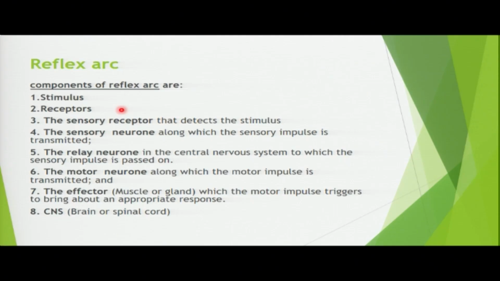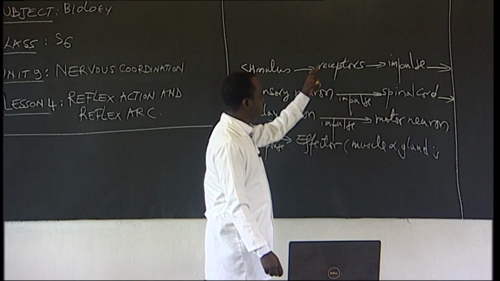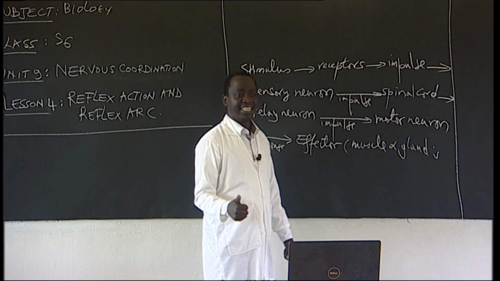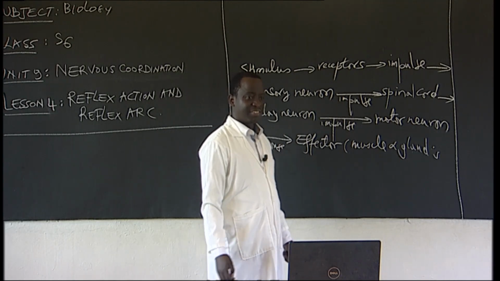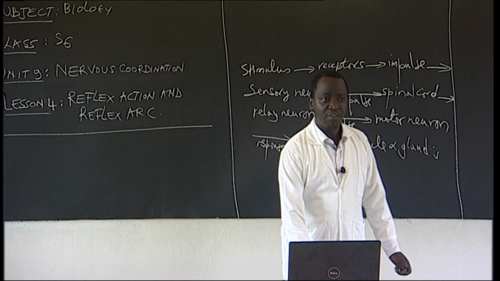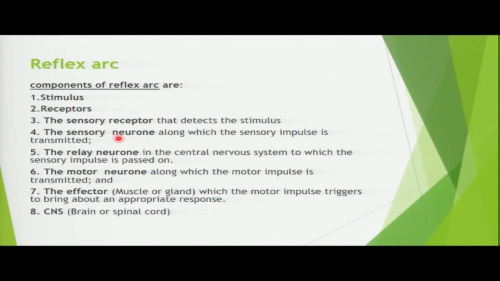So what are the components of reflex arc? As I have said, those are the components. Component number one is the stimulus. Component number two is receptor. Component number three is those neurons. We have sensory neuron, motor neuron and relay neuron.